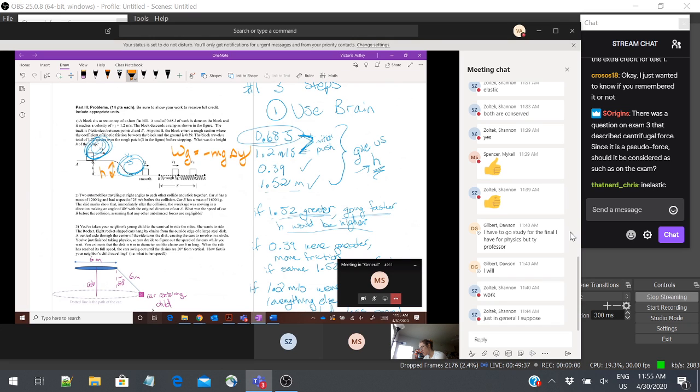So it starts at 0. I have something doing this much work, and then I have gravity doing this much work, and then I have friction doing some negative work. And if I add all of those up from the very beginning to the very end, my delta K is 0. So I know that all of that work has to add up to 0.